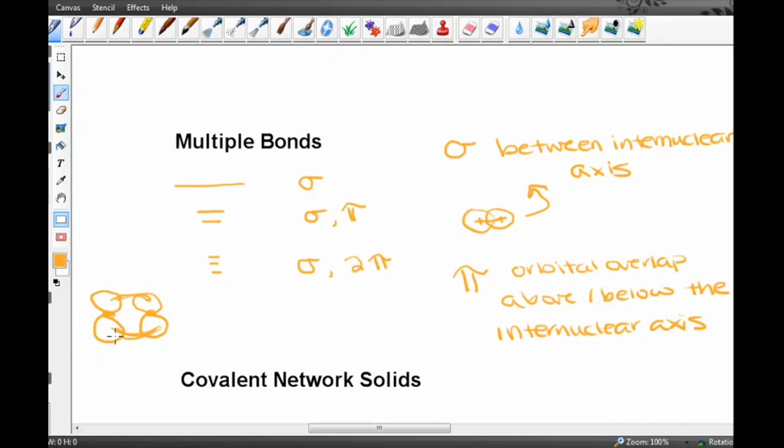And in a triple bond, you would have other unhybridized p's. Maybe I have to do a different color and I can't make it 3-dimensional, but this would be like if these p orbitals were coming out this way, front to back, and the orbital overlap was happening here and there. That would be the second pi bond in a triple bond.